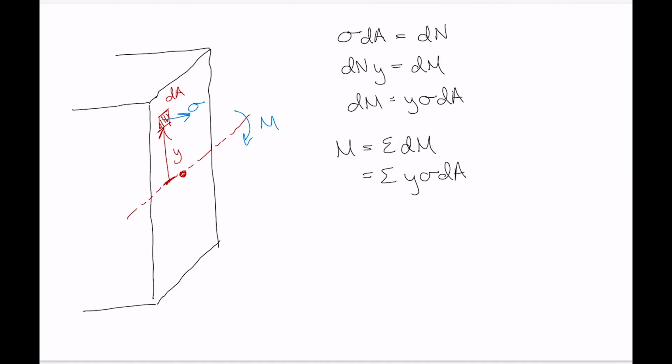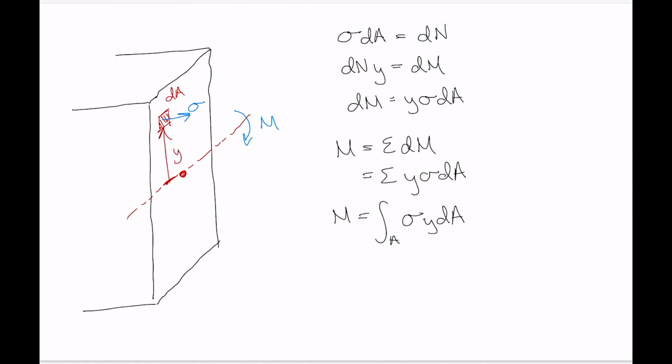And then if we want to compute that, of course, we replace that with an integral sign. So we need to integrate all the way over the area, sigma y dA, and that's equal to M. So we're starting to get here a relationship between the internal moment and stress due to that internal moment.